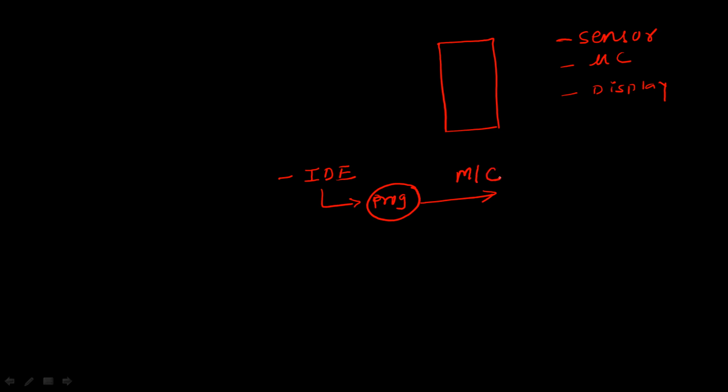Now what is meant by machine code? Whatever program we write in C, C++ or Java, that particular program is not understandable by the microcontroller. Okay. So we have to convert that program into machine code, and for that conversion we again need the help of this IDE. So this IDE will convert that particular program into machine code.